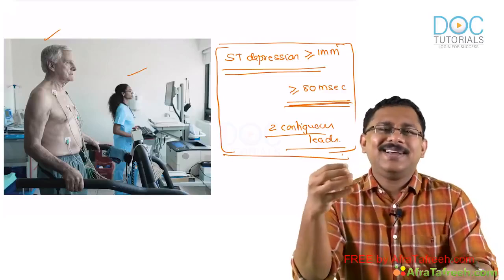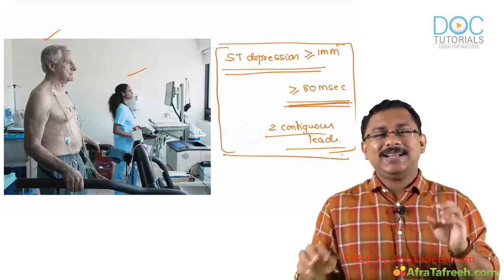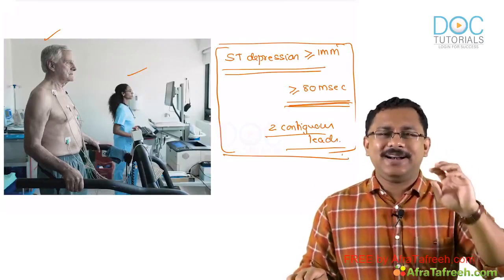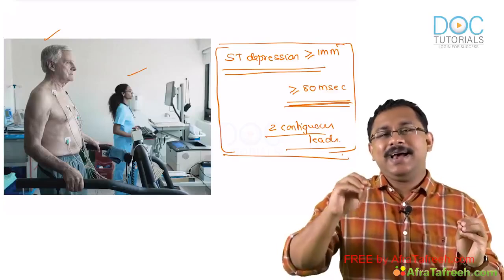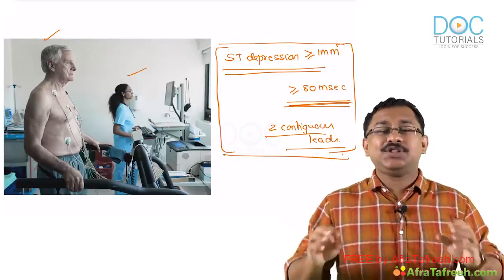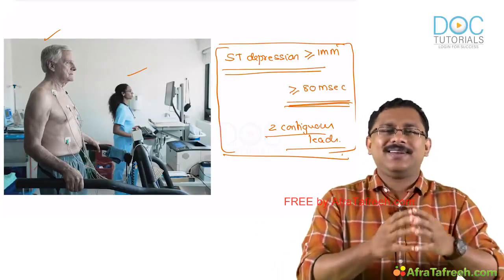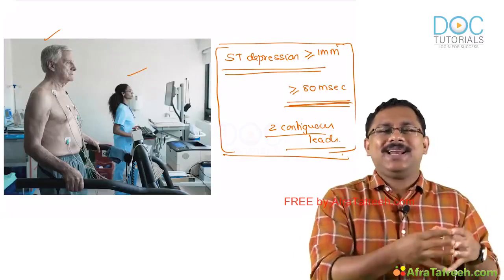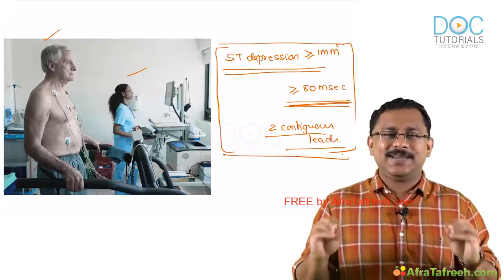When we learn the treatment of chronic stable angina, you will understand the importance of identifying a high grade chronic stable angina and the need for coronary revascularization procedures in addition to medications. We will learn about the optimal medical therapy as well as the revascularization procedures.